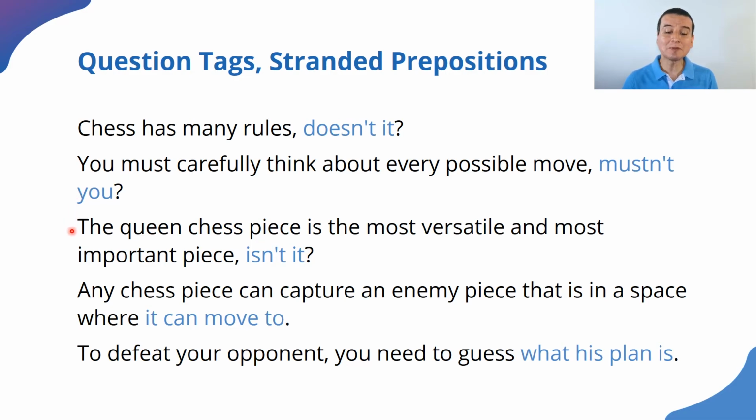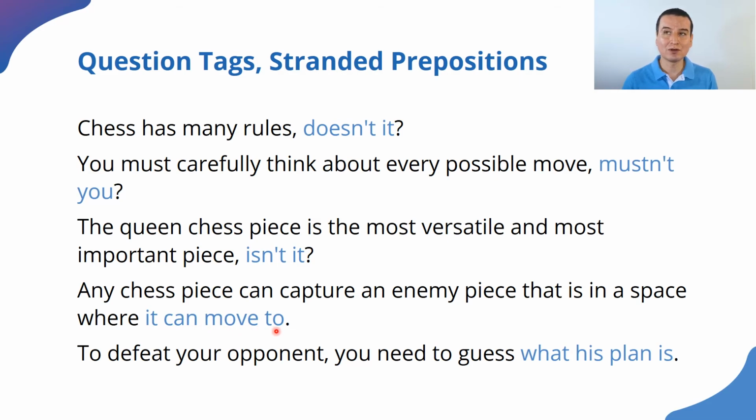The queen chess piece is the most versatile and most important piece, isn't it? Okay, we're talking about the queen, that's why we say it. Number 4, any chess piece can capture an enemy piece that is in a space where it can move to. Wow, that's a good sentence.